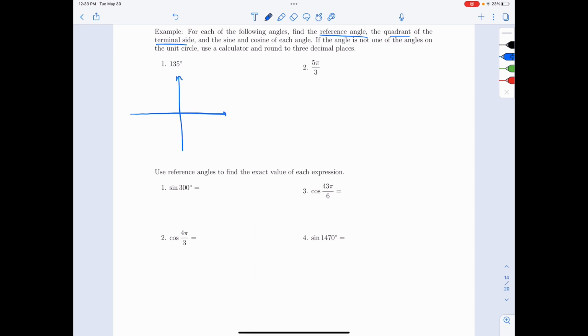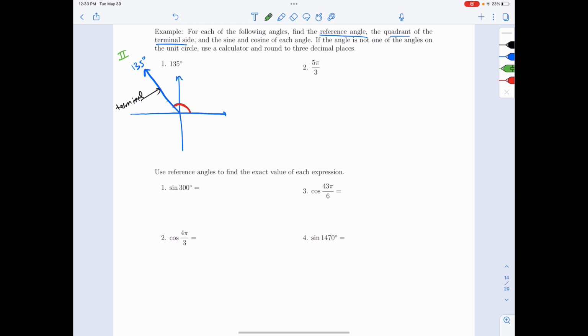Let's look at 135 degrees. That's in quadrant 2. When we talk about the terminal side, this side is the terminal side. It's the side where the angle terminates or ends. So we can label this angle up here, 135 degrees, and we can see that that's in quadrant 2.